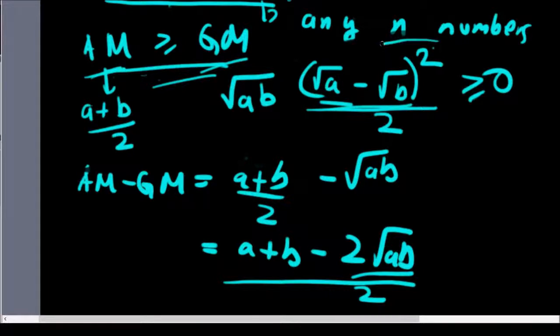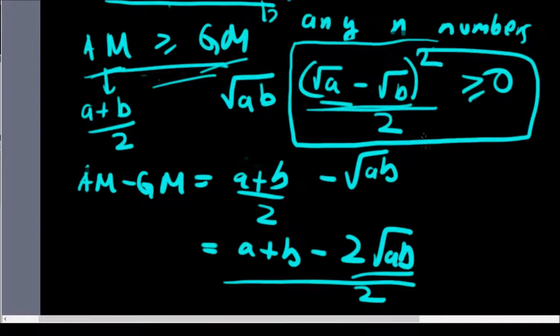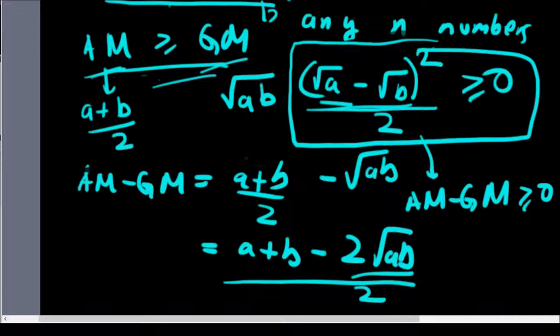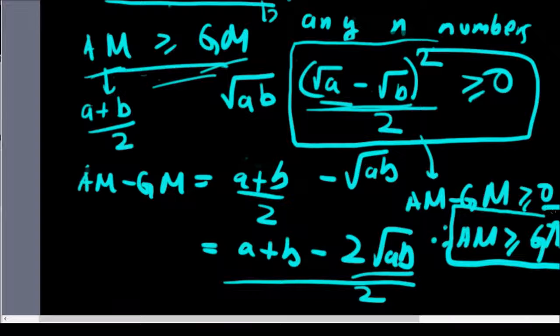But we have proved that AM minus GM will be greater than or equal to 0. Therefore AM will be greater than or equal to GM. Ta-da! I solved it even with my limited screen and my big handwriting. So we proved that AM is always greater than or equal to GM.